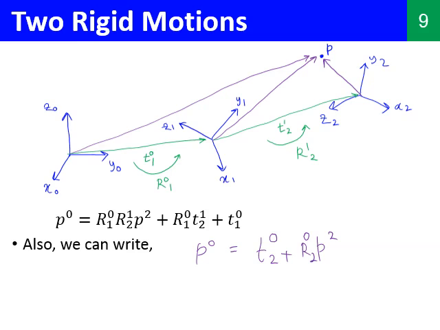Now if we look at both these equations, we see that again R02 equals R01 times R12. Of course that comes from the rotation composition law as well, but for T02, that part equals T01 plus T12 rotated to 0. I'm just comparing this translation part and that translation part.